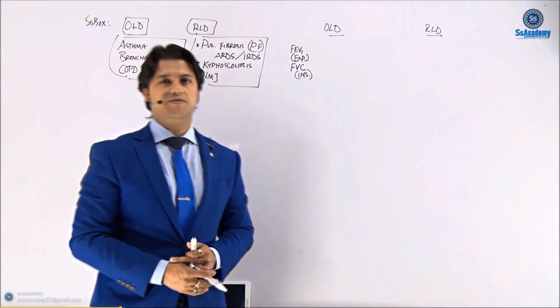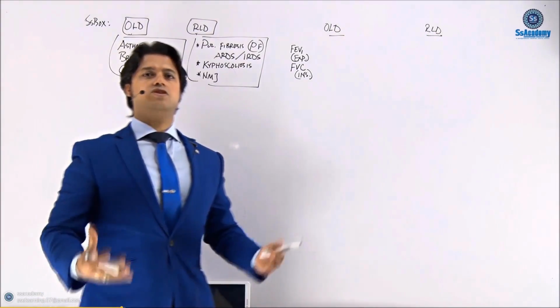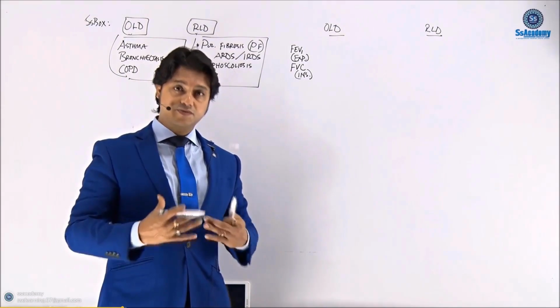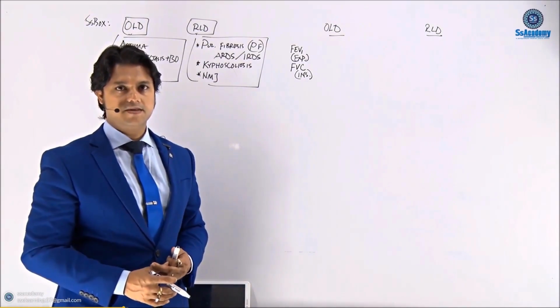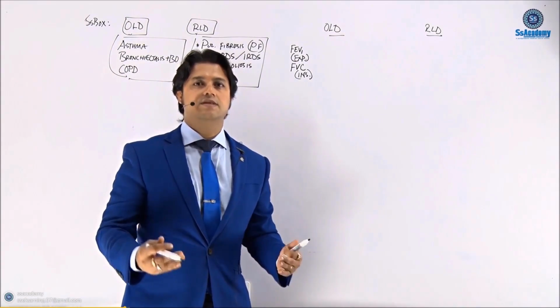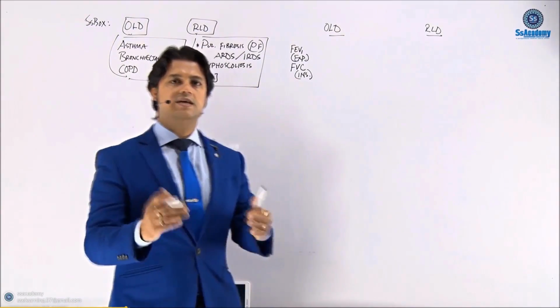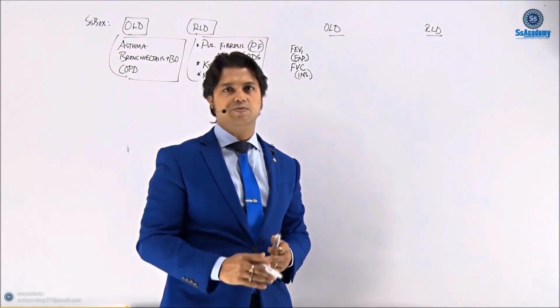Forced vital capacity is the amount that you can inspire after full expiration. The word vital gives us the idea. So as I said, FEV1, E for expiration, and FVC, vital for inspiratory function.